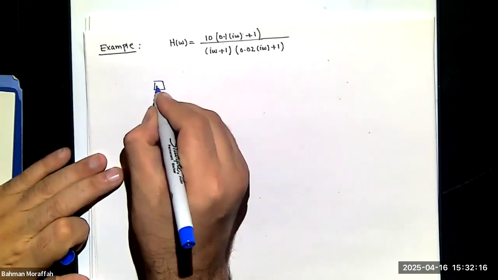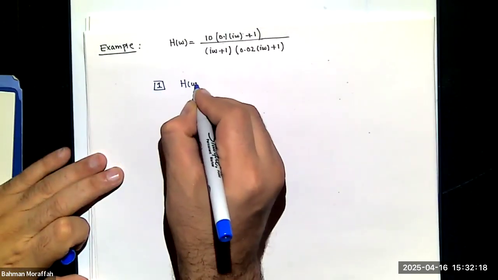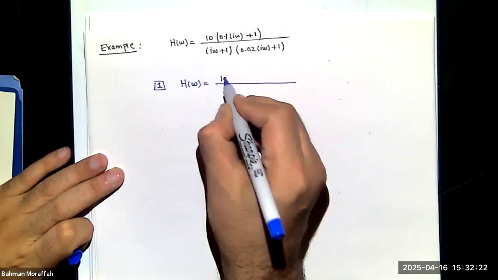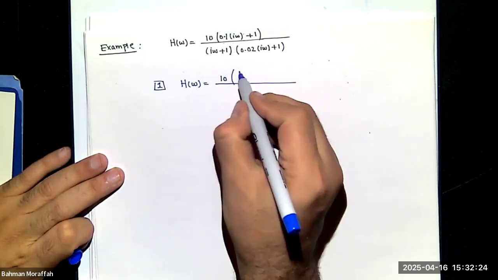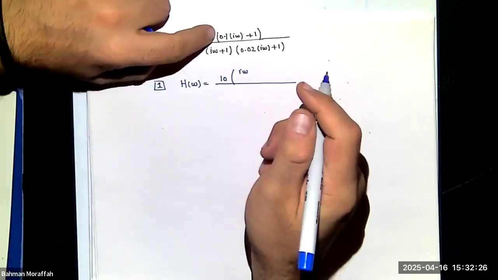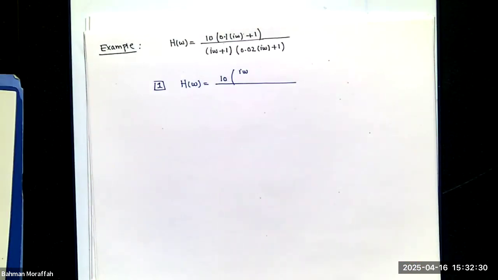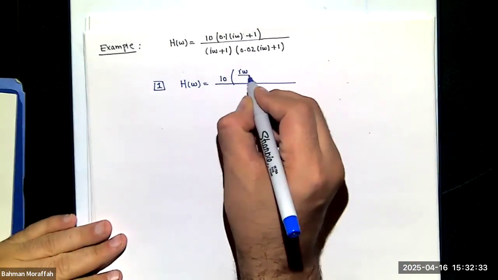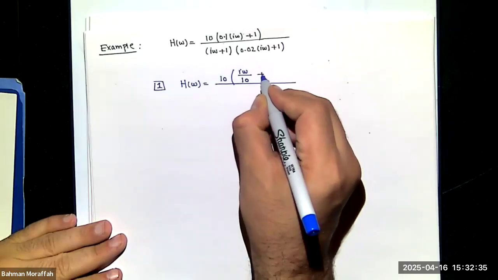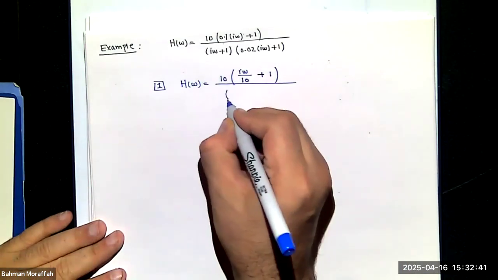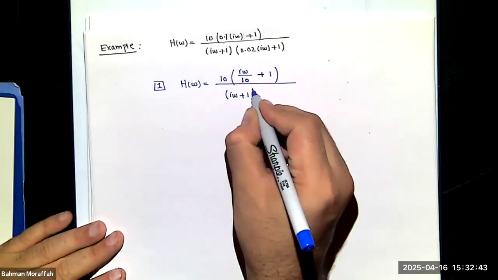Do you agree I can write this H of omega as, well, this is a constant, I'm not going to change it, so I have this 10. I have this i omega. This is 0.1 times omega, which means 1 over 10 times i omega. So I'm going to write it as i omega divided by 10 plus 1, right? This i omega plus 1 is exactly the same as the thing I want.